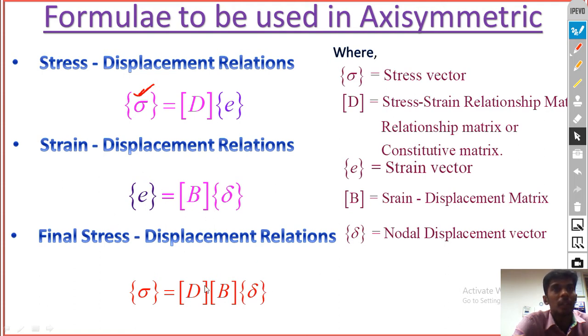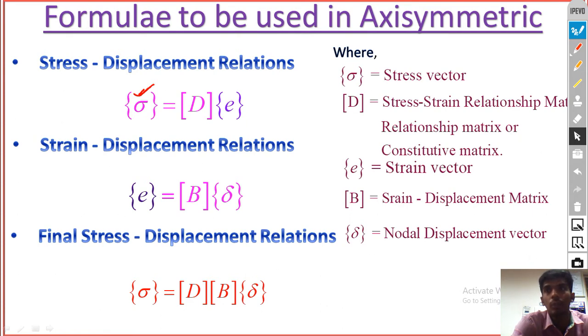This is the main formula we are using for the entire 2D finite element analysis problem. It is very important. Every parameter can be changed based on the selection of the problem, whether it is a plane stress condition, plane strain condition, or axisymmetric condition. This is the general overall governing equation.